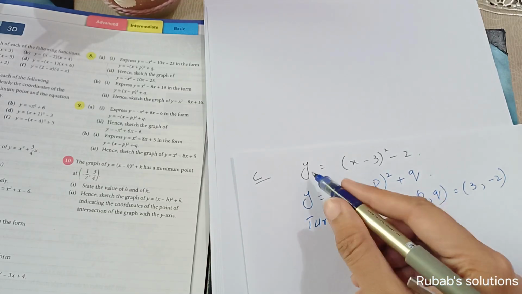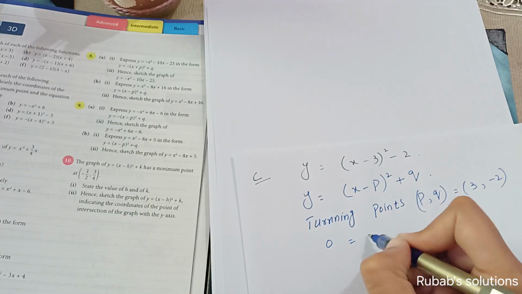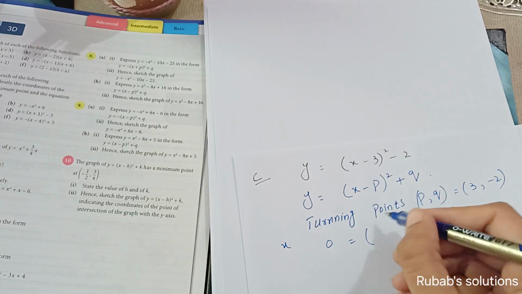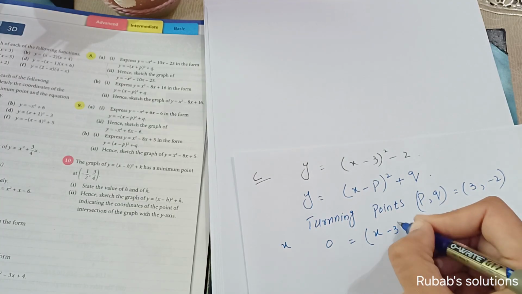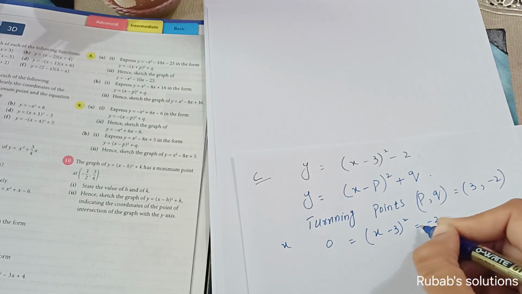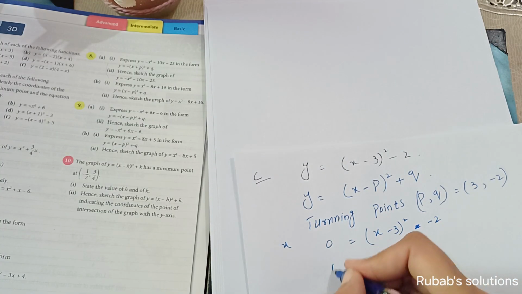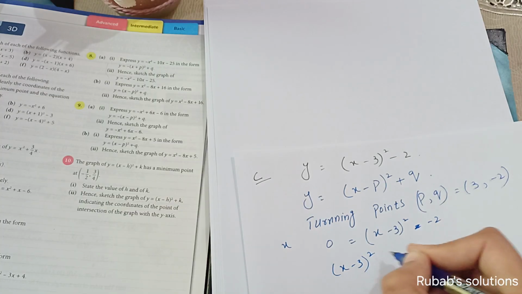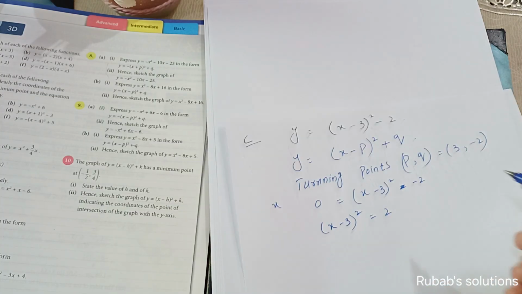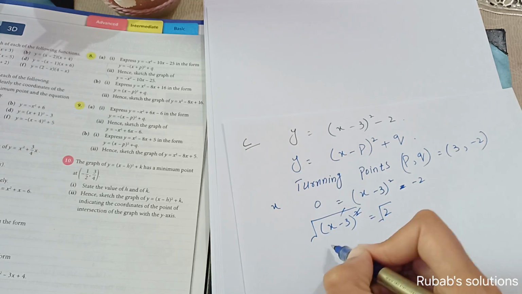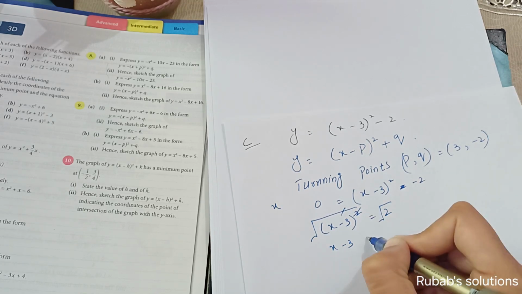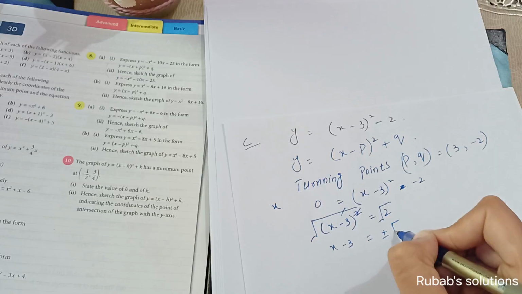For x, put y is equal to 0. So x minus 3 whole square is equal to minus 2. It will become x minus 3 whole square is equal to 2, as this 2 shifts to the other side. Taking square root on both sides, x minus 3 is equal to plus minus square root of 2.